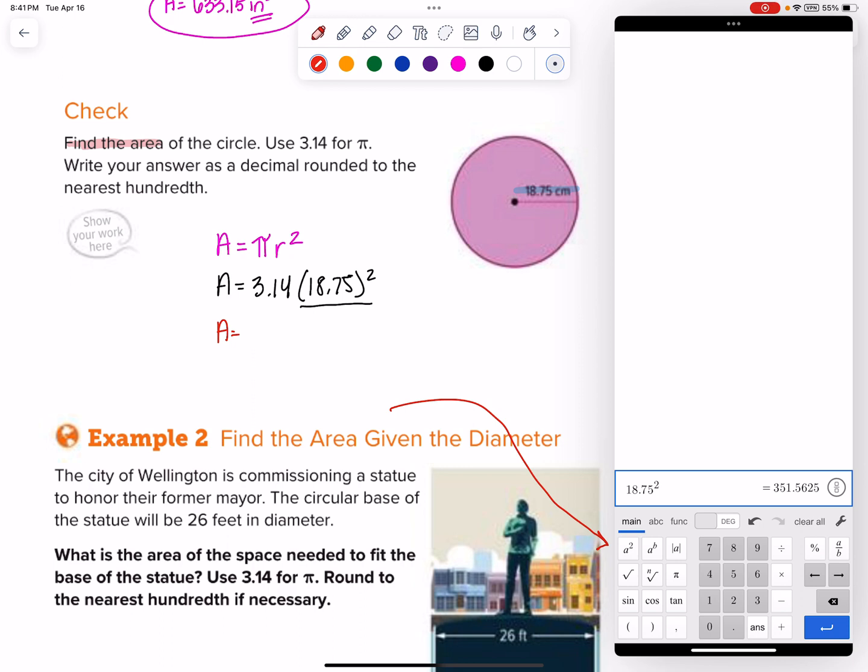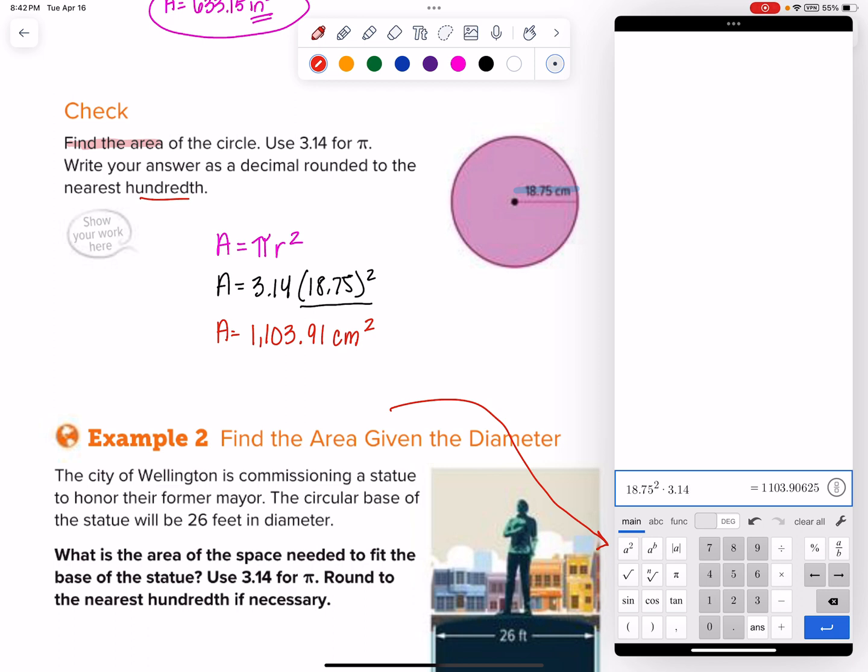What's nice about this is we could then just say times 3.14 and take care of all of it, okay? So we have an area of 1,103, rounding to the nearest hundredth, okay? 0.91 centimeters, and it's area, so it's squared, okay?